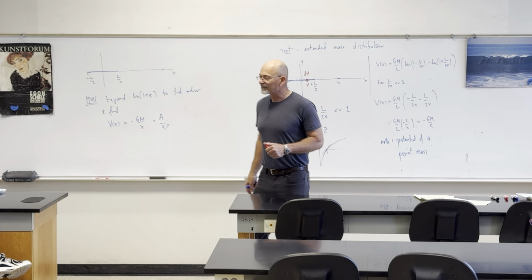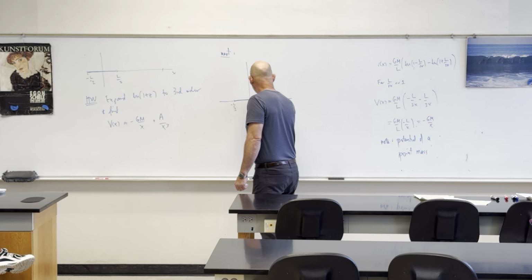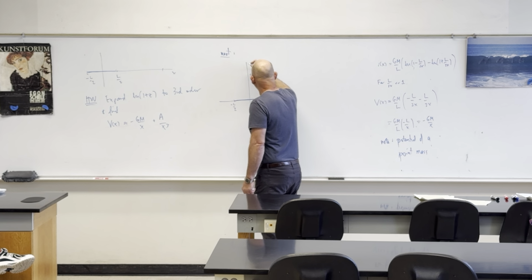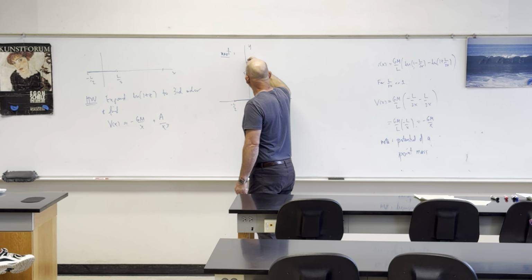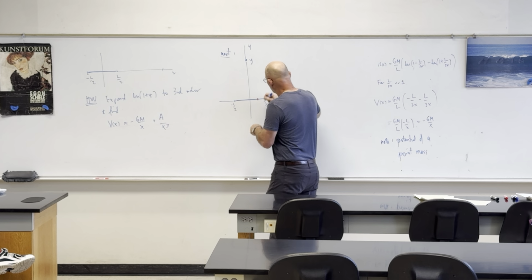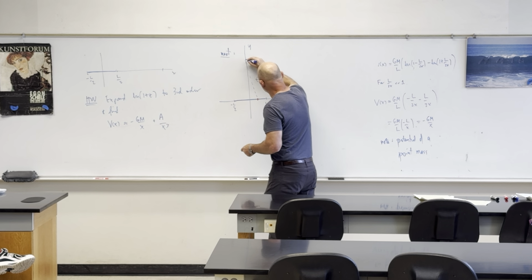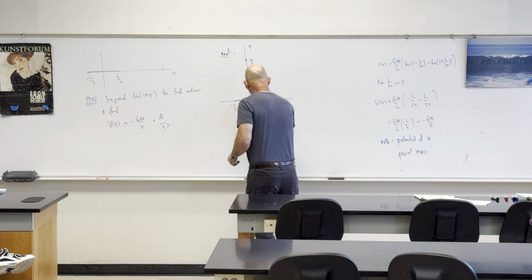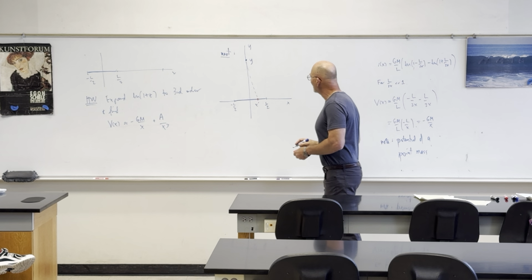So again, minus L over two to L over two. But this time we want the potential at a point on the y-axis. And again, we're just going to add up a bunch of little dm's. The distance from this dm to here, again, is x prime.